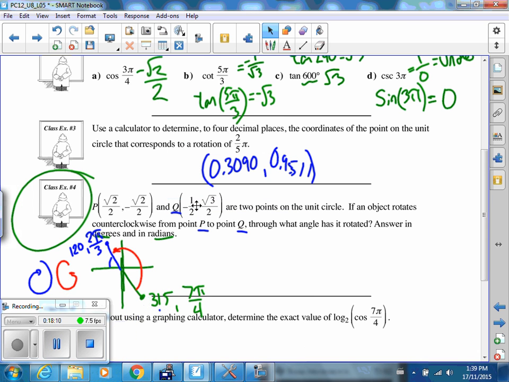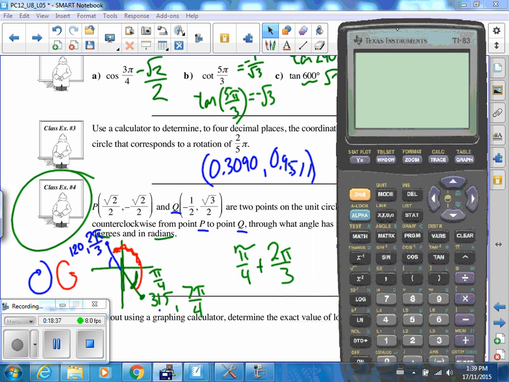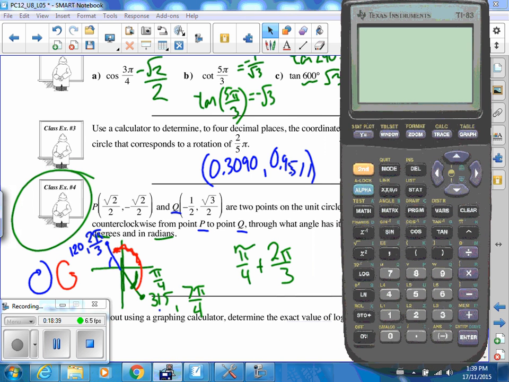Okay, so now my reference angle here is pi quarters. So this little piece here is pi quarters, and then the rest of this is 2 pi thirds. All of this bit is 2 pi thirds. So that total angle is pi quarters plus 2 pi thirds. So in radian mode, I'm going to take out the pi, and then I'm going to go 1/4 plus 2/3, and I'm just going to let my calculator do that for me.